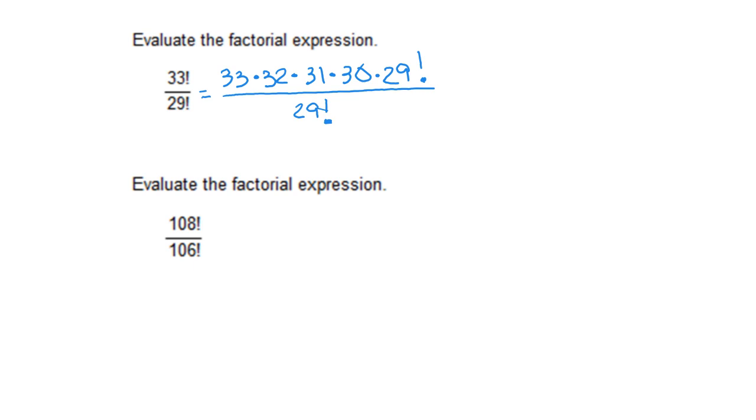So we can divide out the 29 factorials, and when you multiply these numbers out, you will get 982,080.